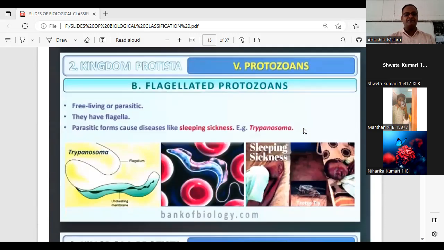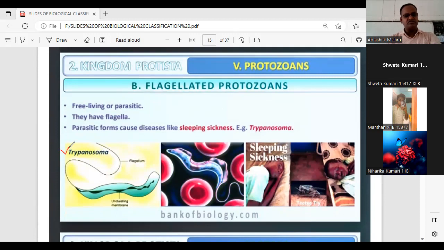The next group is the flagellated protozoan. From the word flagellated protozoan, automatically it comes to our mind that there is the presence of flagella. One example of the flagellated protozoan is Trypanosoma.